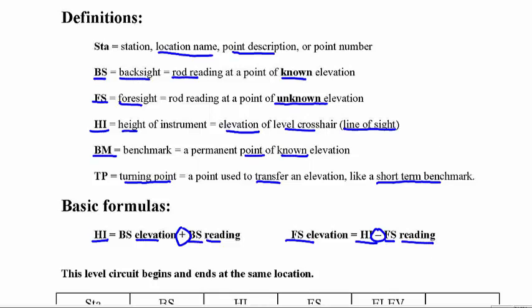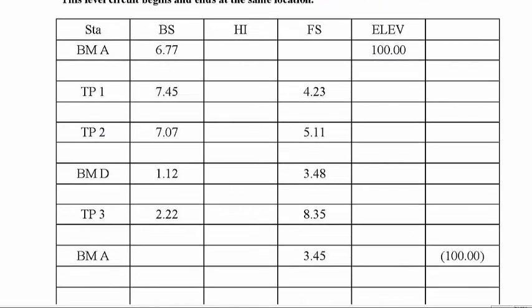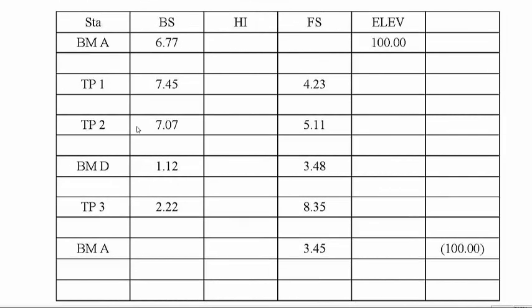As we look at these level notes in the format shown here, you can see the 5 columns: station, backsight, HI, foresight, and elevation. We always put them in that order. And the location of any number, any reading that you see here, corresponds with not only a location, but the type of reading that it is.